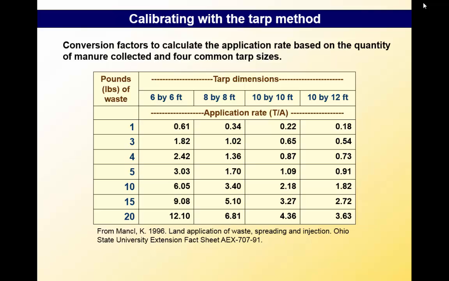They have conversion factors. If you have certain tarp dimensions, they can go ahead and convert by pounds of waste. They have a quick table for you. You can't do it by hand, which I usually suggest doing it by hand. But they have a quick table where you convert. If you had 10 pounds of waste on a 6 by 6 foot tarp, you had 6.05 tons per acre applied. So they have a quick table, a lookup table.